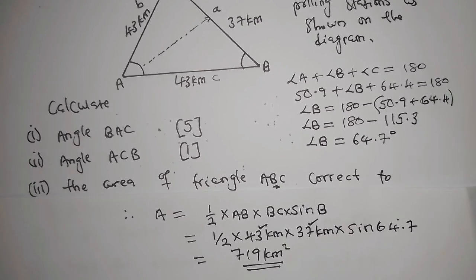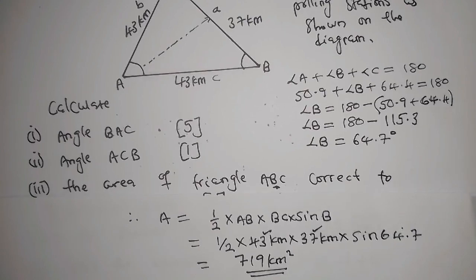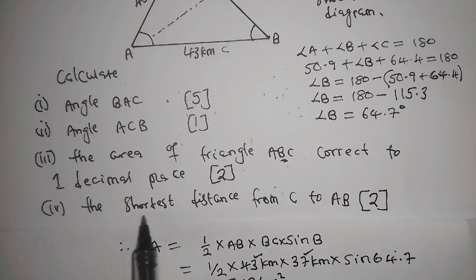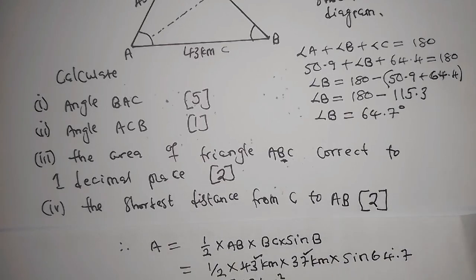Okay. Then the other question is question 4, the shortest distance from C to AB.